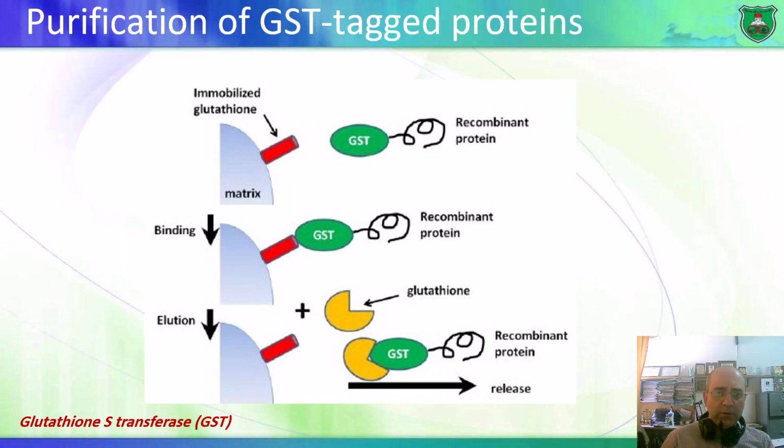Well, we can also use glutathione S transferase for the same purpose, to isolate, to purify our protein. So it's basically the same concept. Here we have a bead right here. Okay, so we have a bead. On the surface we have glutathione, which is the substrate for this enzyme.